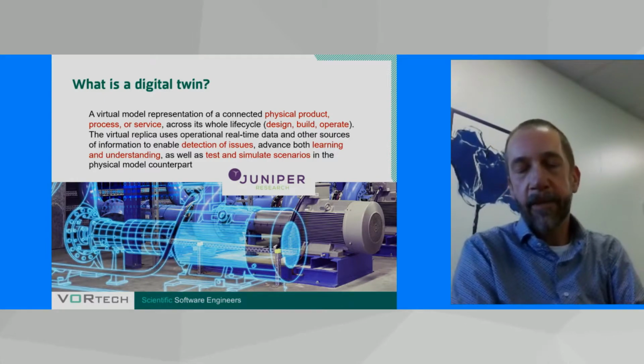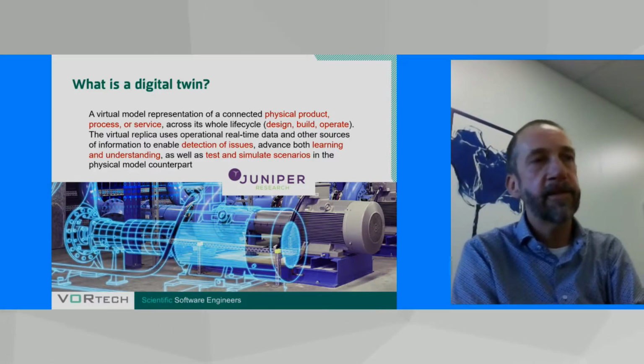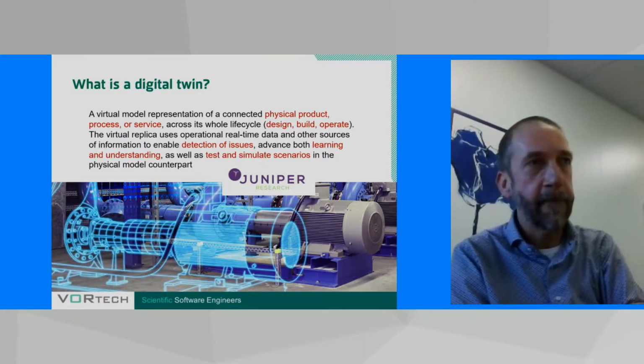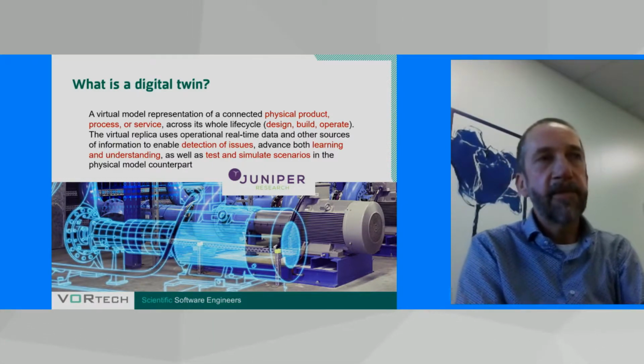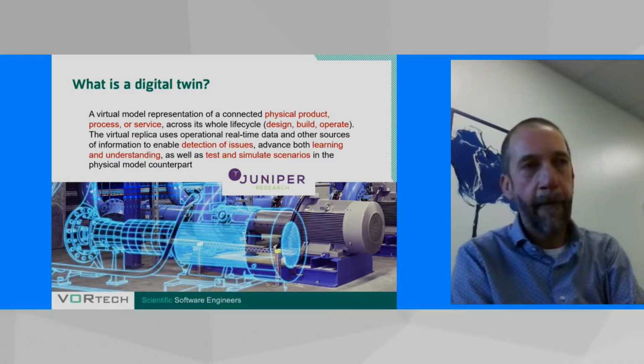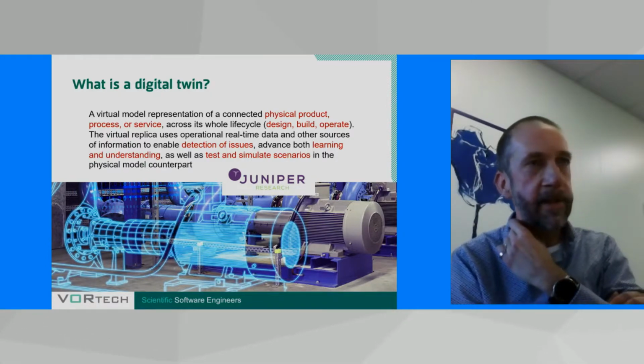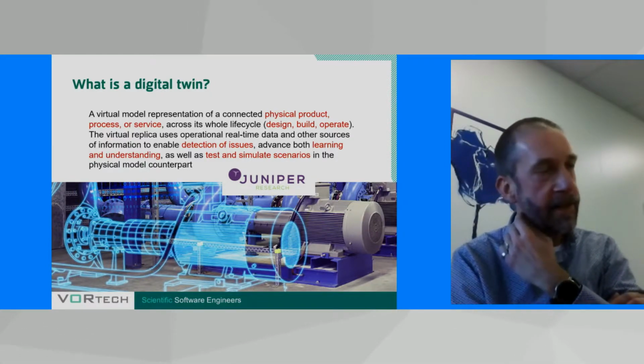And again, you collect all kinds of information during the building. And then it moves through the operation, where you get the operational sensor data. And all this data together, design, build, and operational sensor data, comprises the digital twin.